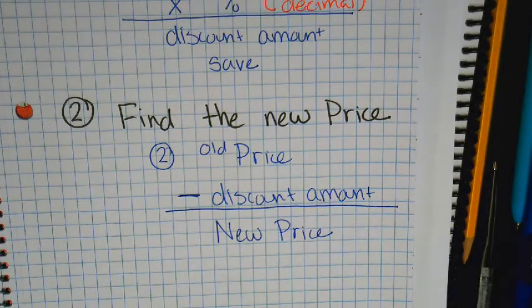So let's say this glue stick cost $1, but it's on sale, right? Now it only costs 80 cents. So how much did I save? 20 cents, right? So the price went down. That's a discount. It's $1, but they're having a sale on glue sticks.